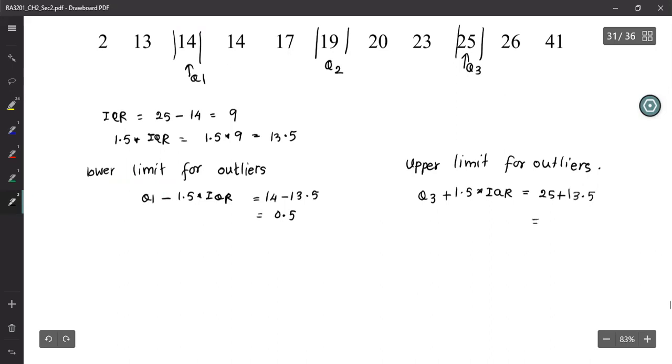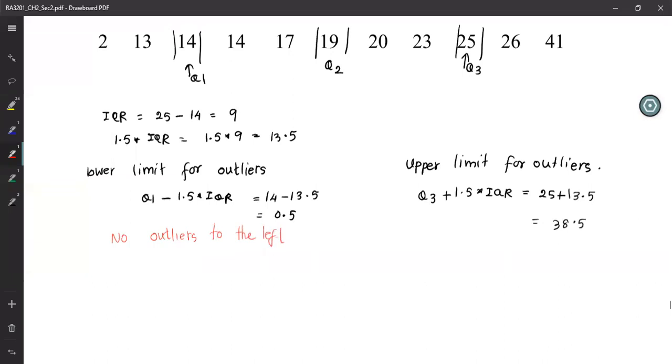What is the answer? 38.5. Do you see any outliers to the right? So the upper limit for outlier is 38.5. Do you see any value beyond that point? Yes, you see 41. Right? 41 is bigger than 38.5.